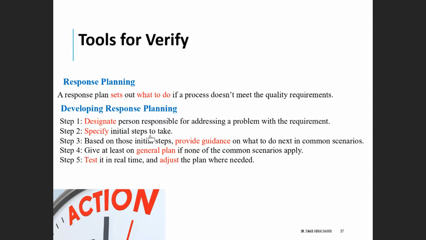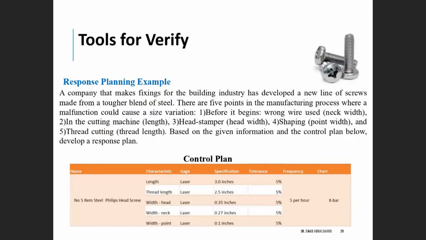Specify initial steps to take, and based on those initial steps, provide guidance on what to do in the common scenarios. Give at least a general plan if none of those scenarios appear, so what exactly to do if none of the scenarios you have listed appears. Test it in real time and adjust the plan as needed.